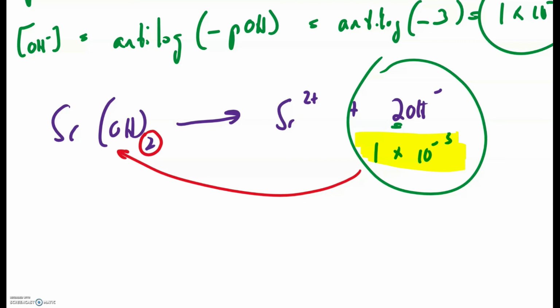So be careful when you're doing one like this, because we already know the concentration of OH minus, and it's already coming from a molecule that produced 2 of them every time it dissociated. So in this case, what's the concentration of the molecule that produced it? Exactly half, because it's producing 2 every time it does it.